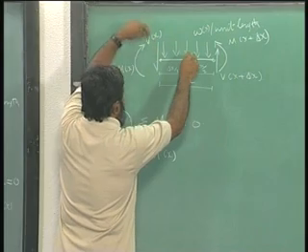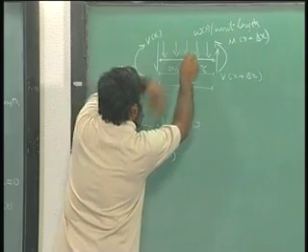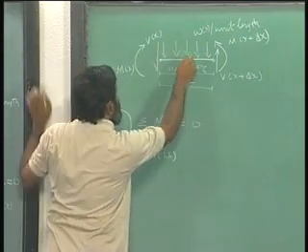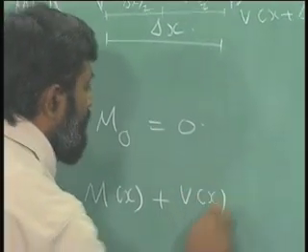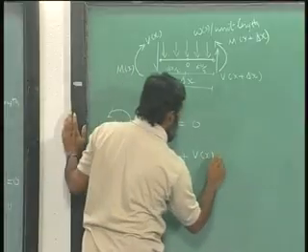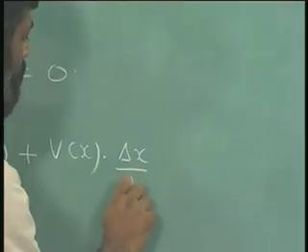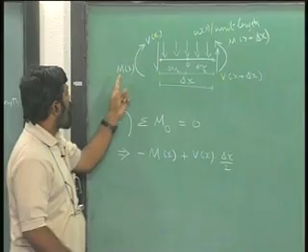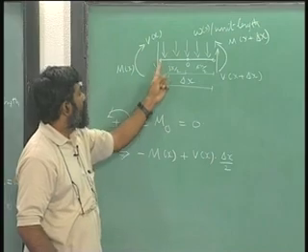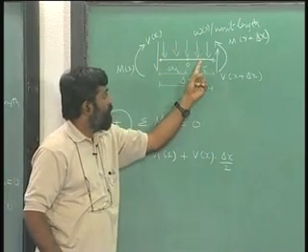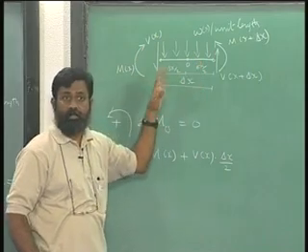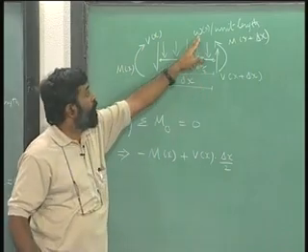A shear force that is acting downward like this will produce a counterclockwise moment, and therefore it is plus V at x times delta x by 2, right. We have accounted for this, and this force will have a resultant over here and another resultant over here, those two will cancel each other. So, I am not going to bother about moment due to W of x.